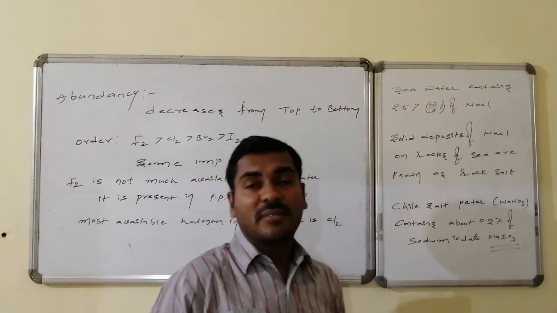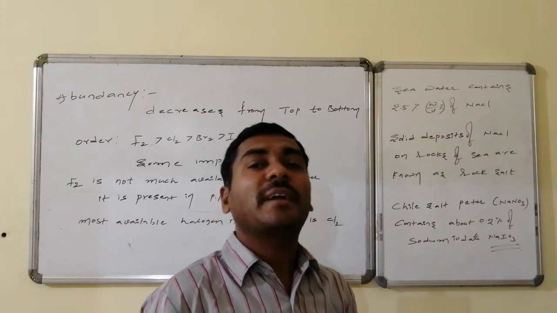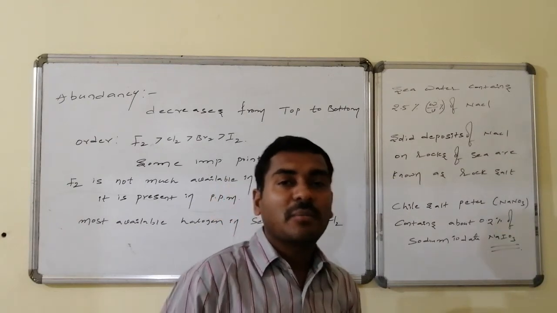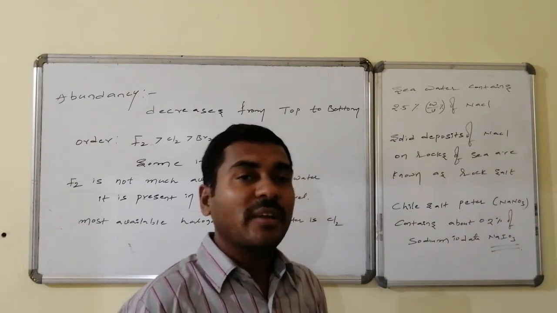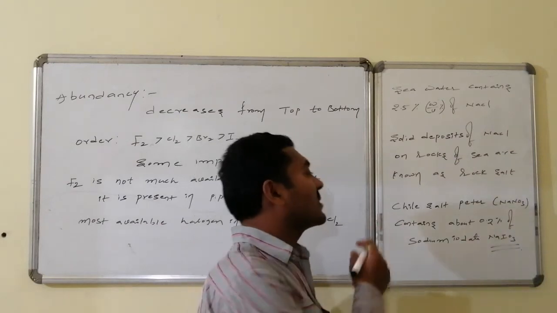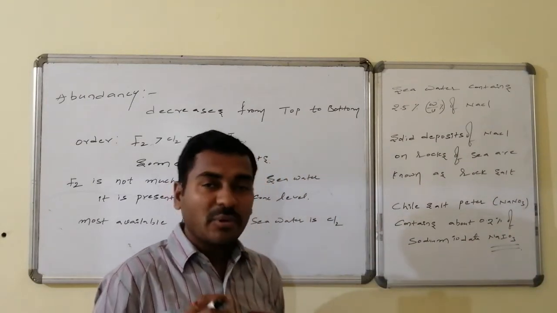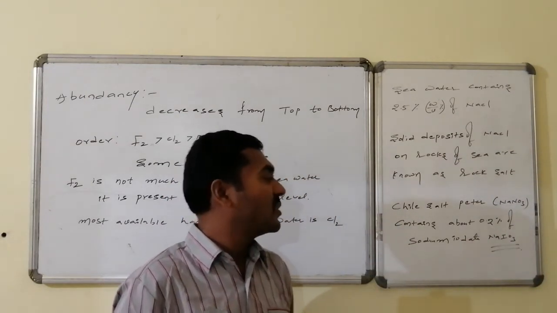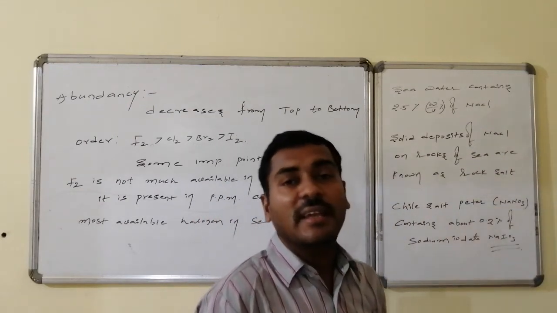Chile saltpeter, which is sodium nitrate, consists of a lesser percentage of sodium iodate. So Chile saltpeter, sodium nitrate, contains about 0.2% of sodium iodate, that is NaIO3.